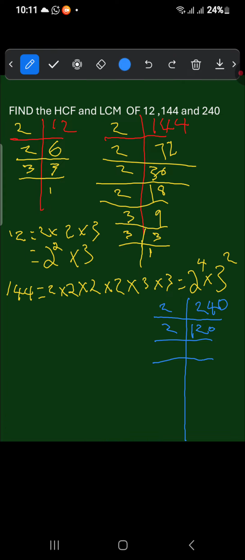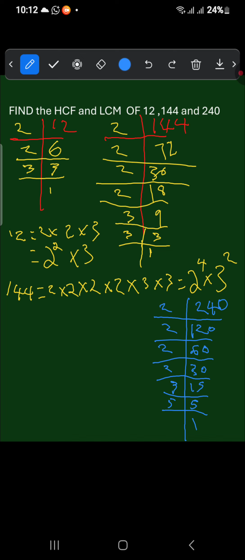Again into 120 it goes, then another number is still 2, it goes 30 times, then it's 15. A number that can go into 15 now is 3. It goes how many times? 5 times. Then the number that can go into 5 is 5, it goes once.